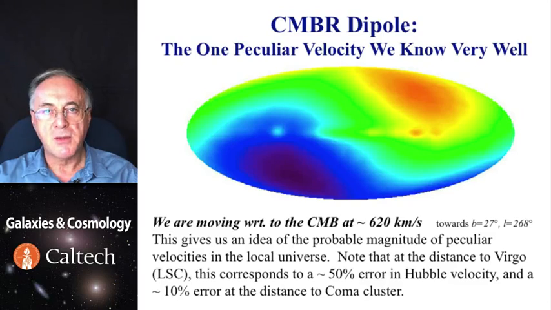It turns out this is fairly commensurate with typical peculiar velocities in the large-scale structure around us today, or for galaxies maybe a little less, a couple hundred kilometers per second. But the Virgo cluster has a Hubble recession velocity of only about 1,000 or 1,200 kilometers per second. So a peculiar velocity component like this could really make a difference.